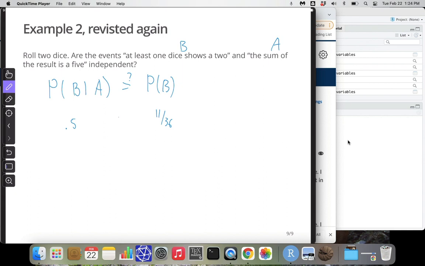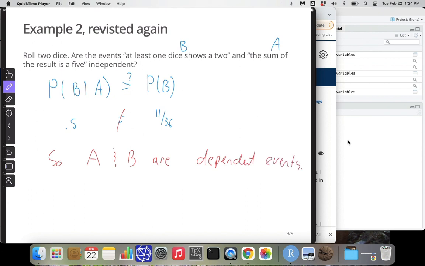Now, are these guys equal? They are not. So what does that mean? It means that A and B are dependent events.